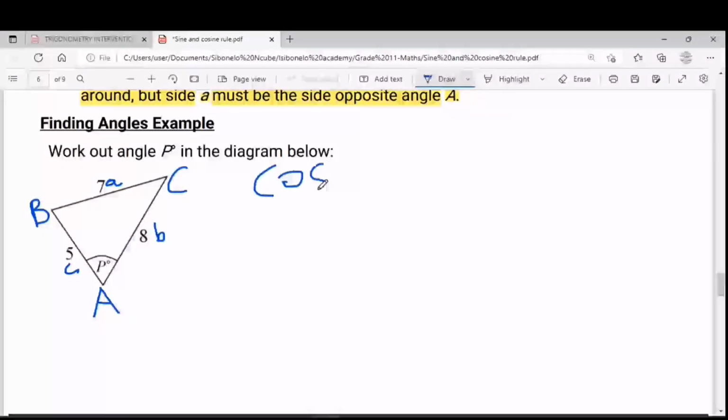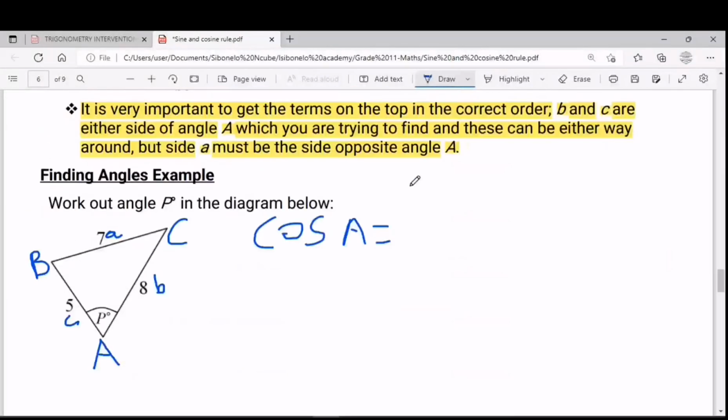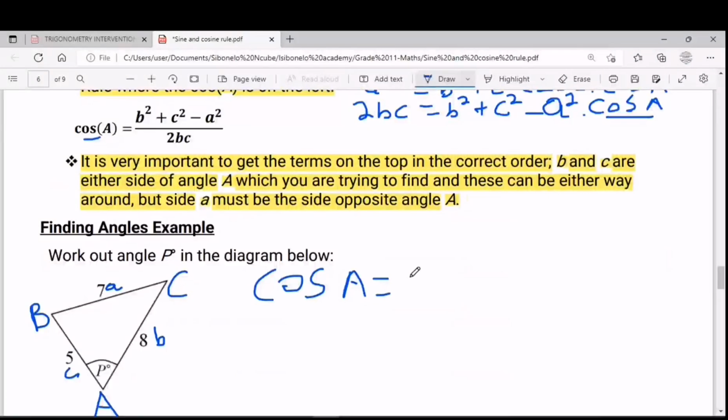Cos A equals B squared plus C squared minus A squared all over 2BC.